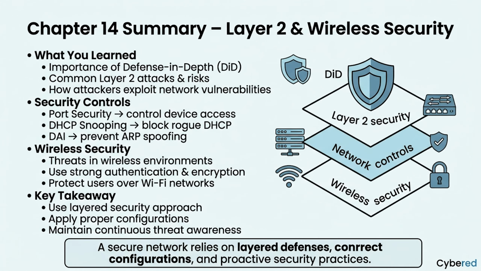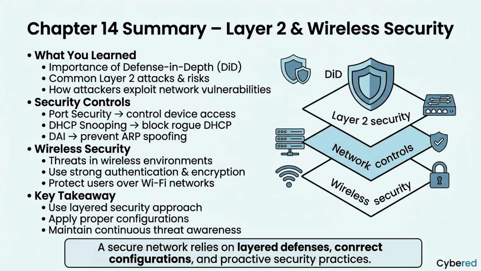Summary. In this chapter, you learned the importance of using a defense-in-depth approach to strengthen network security through multiple layers of protection. You explored common layer 2 attacks and how attackers can exploit network vulnerabilities, as well as the impact these attacks can have on an enterprise environment.